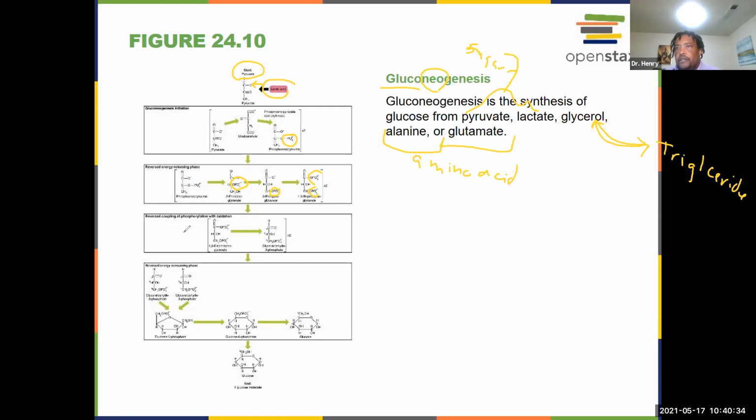And then we're going to go from that 1,3-bisphosphoglycerate to glyceraldehyde 3-phosphate. So in this case, we went from an acid, a carboxylic acid, to an aldehyde.